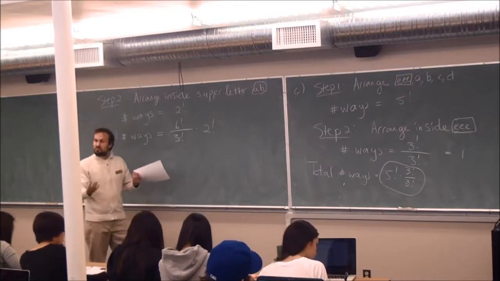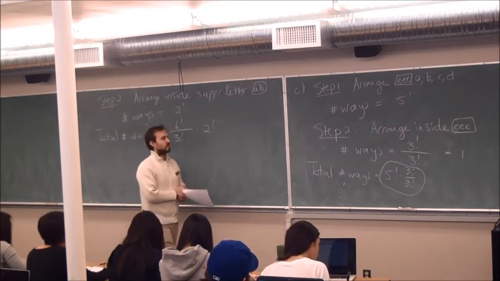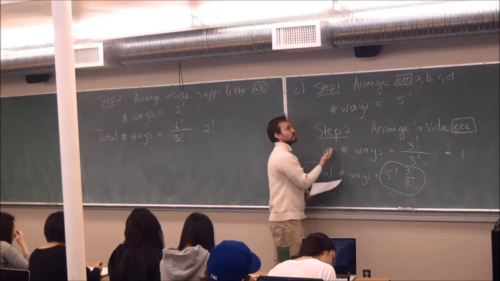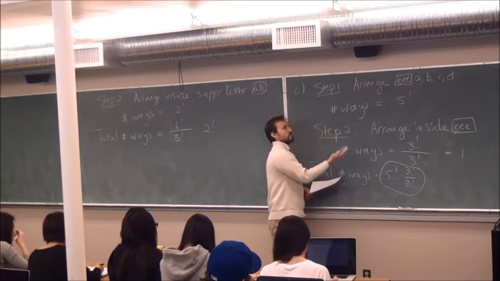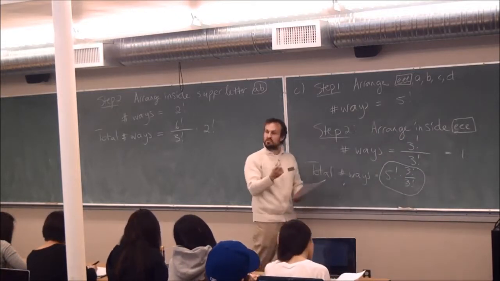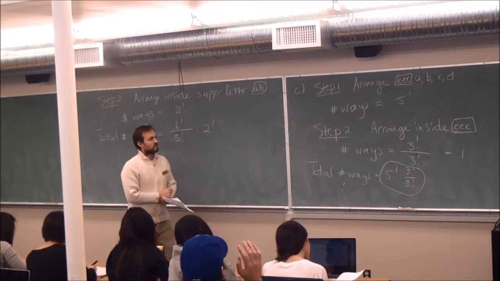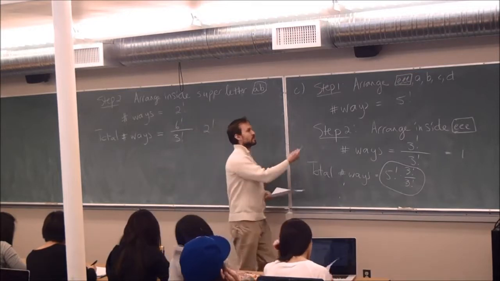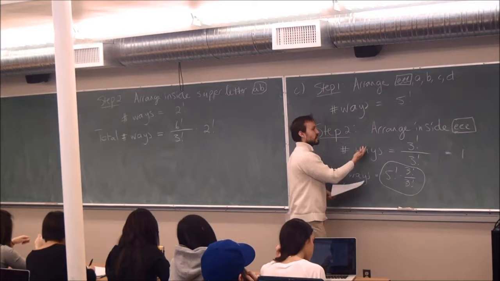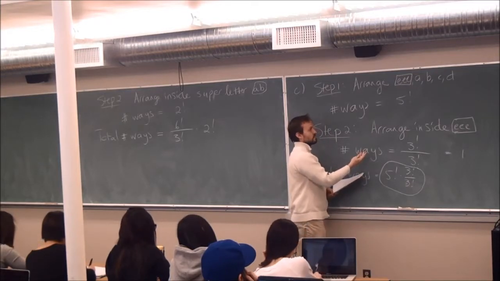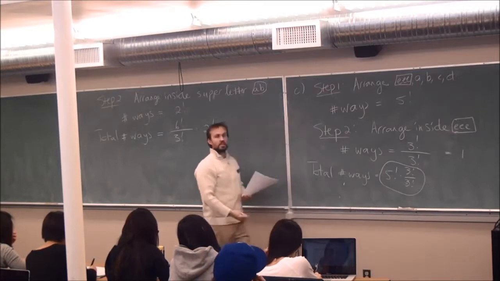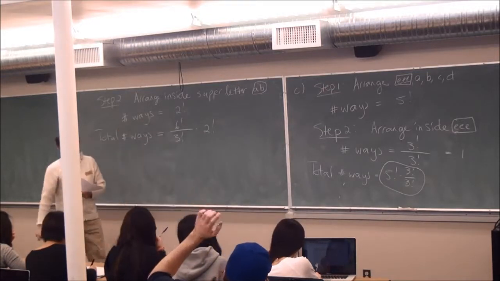You really don't have to write the 1 if it's really obvious to you, but I'm emphasizing the step, that there is a step 2. I don't want to just omit this, because in this case, there isn't really anything to do. Shuffling the 3 E's doesn't give me anything new. But in general, there would be this second step. So even if you include it for the sake of being complete and detailed, your answer might look different, but it's the same.